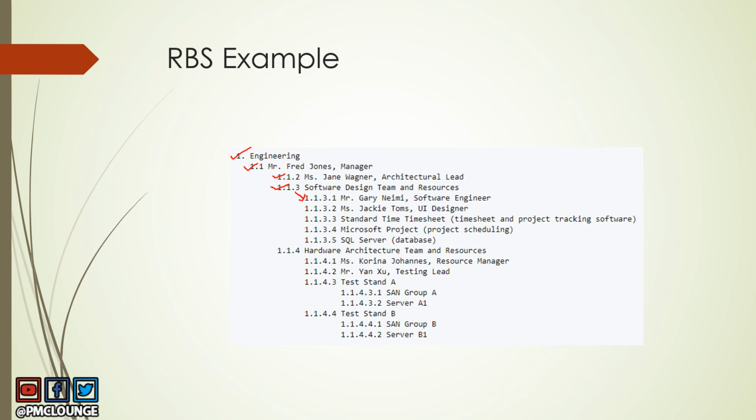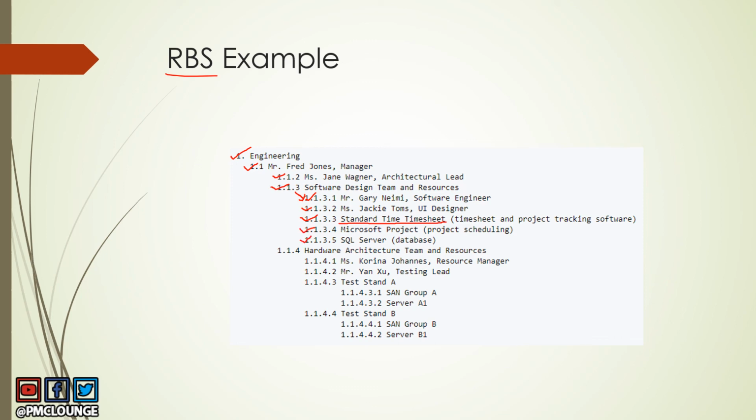So these are the names of the design team members, and then you have a resource standard time sheet. Now this is not a human resource. This is also a resource, but not a human resource, right? So we are also including that as part of your RBS, not just human resources, right? Then you've got Microsoft Project, which is a software again.